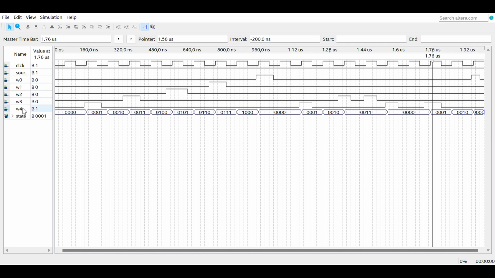So W4 means I press 0. It will bring you to state 1. State 1 is 0 0 0 1. And next clock 19 I leave the button. So when I leave the button it will transition to state 2 as shown in the state diagram before.